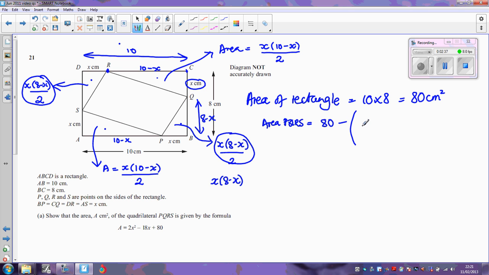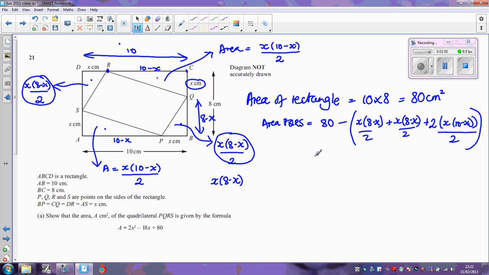So basically I'm going to do x times 8 minus x divided by 2 plus another x times 8 minus x divided by 2. And then I've also got 2 lots of the other triangle. Well, that's 2 times x times 10 minus x. Again, that was divided by 2.